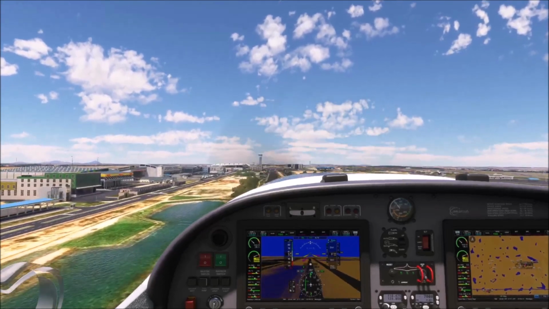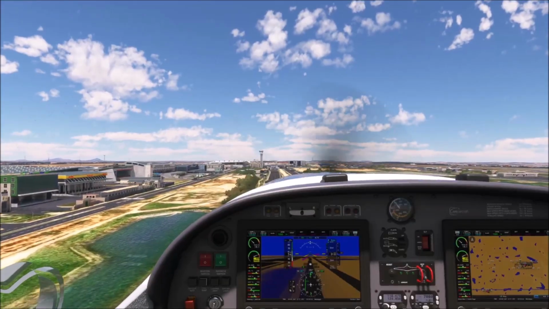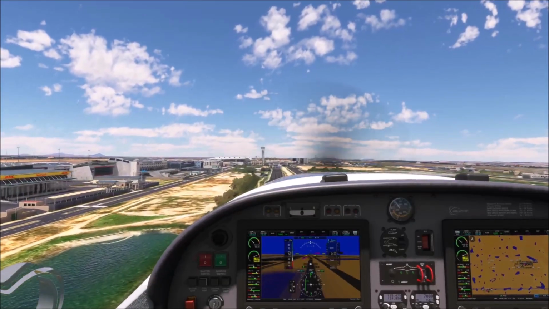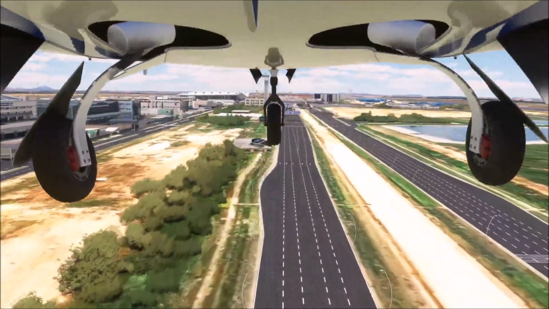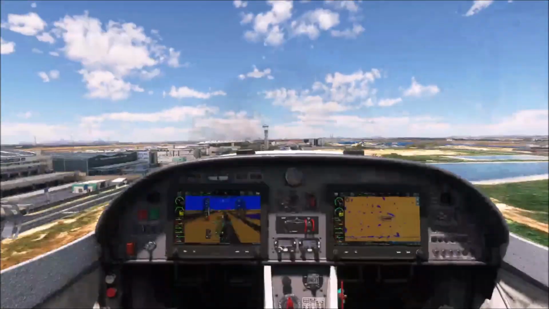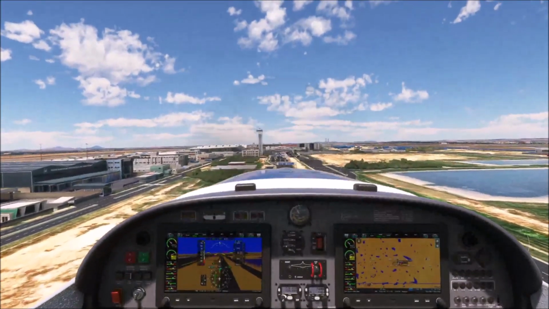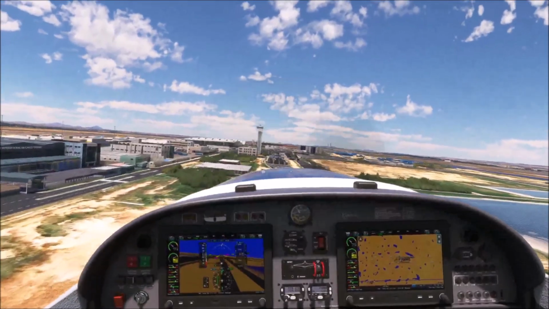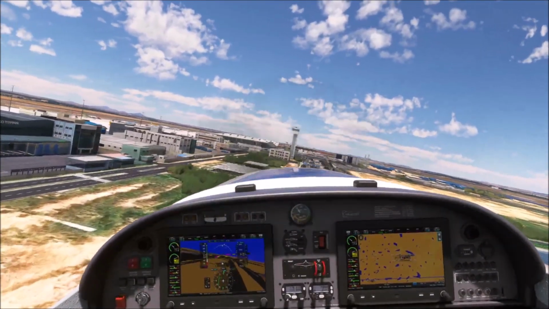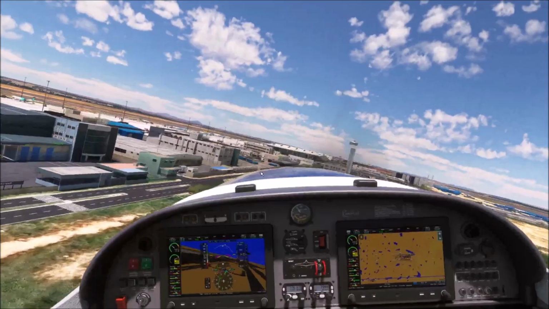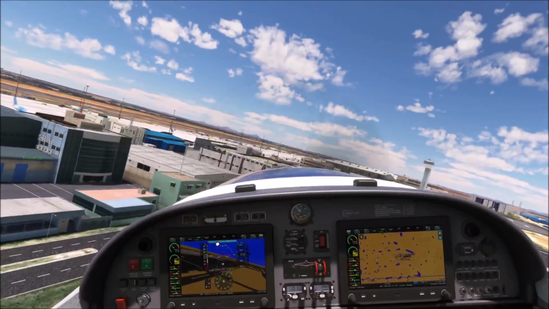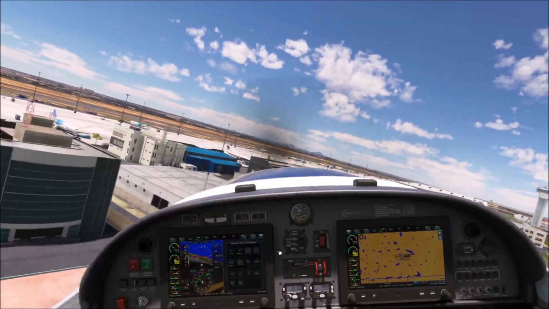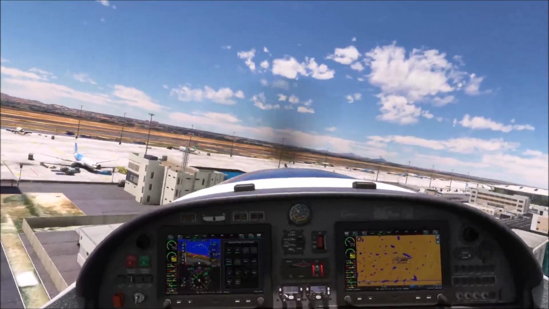A wonderful airport, TaiModels is the designer. I engage my autopilot. Let us go inside the airport. I go to heading mode.